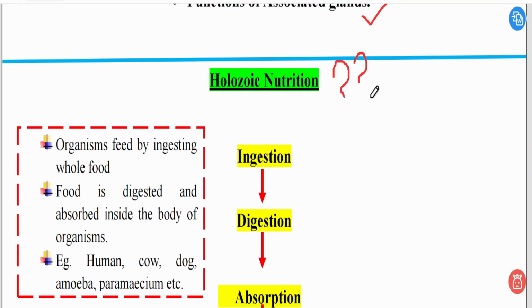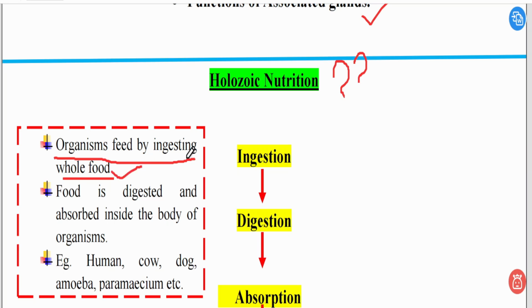About nutrition, we know there are 3 types of nutrition: Holozoic Nutrition, saprophytic nutrition and parasitic nutrition. Holozoic Nutrition is where organisms feed by ingesting whole food. That means those types of organisms which feed on other organisms and ingest the whole food.